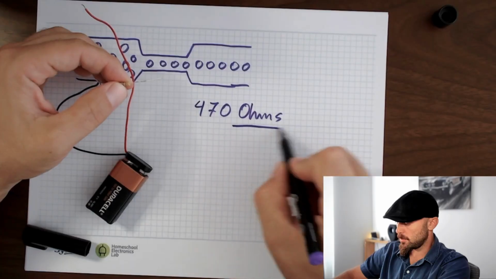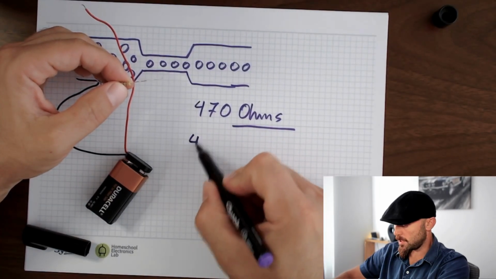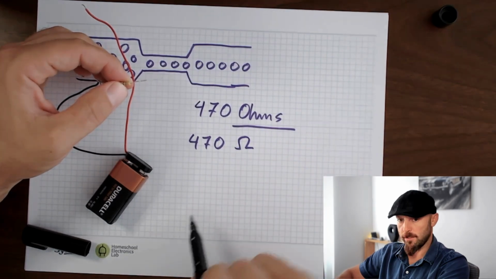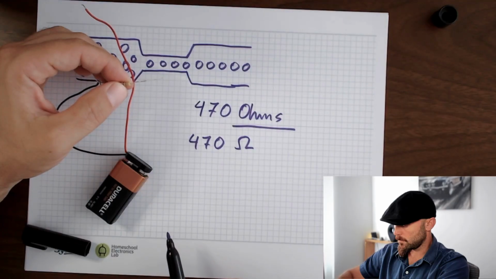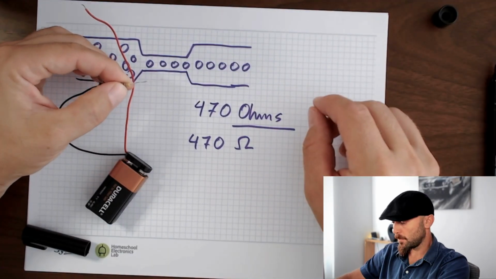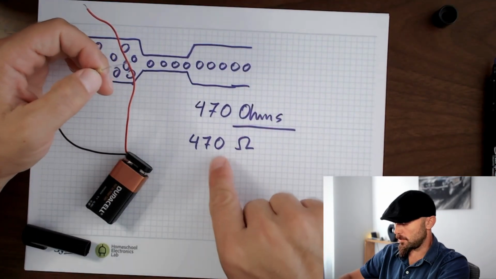We measure resistance in ohms. Many times you will see the sign for ohms is this squiggly line here. The current we measure in amperes, the voltage in volts, and resistance in ohms.